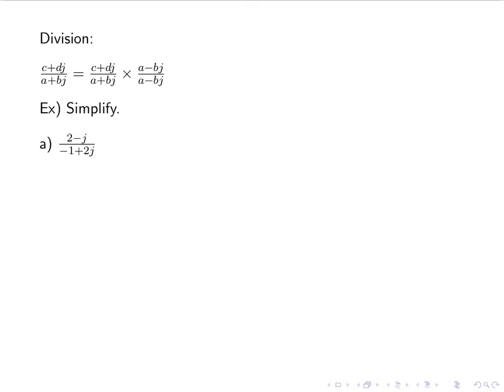So 2 minus j divided by negative 1 plus 2j. So I'm going to multiply top and bottom by the conjugate, again, of the bottom. So again, we're going to change the sign of the imaginary part. So negative 1 minus 2j divided by negative 1 minus 2j. So the top is going to be FOILed.